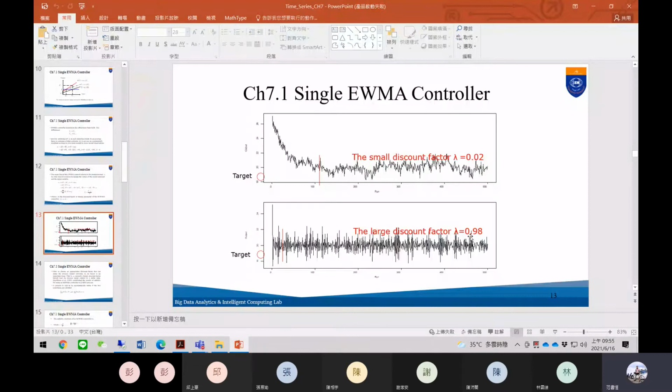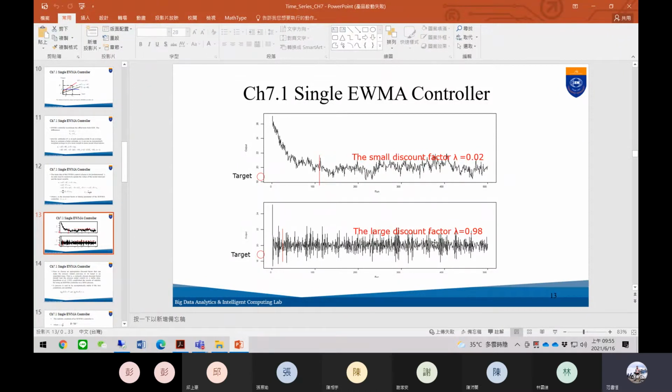Like when we use a larger lambda 0.98, you can see that it cuts the transient period to a minimum. So it reduces from the initial directly to the level we like to achieve. However, you can see that the up and down provide larger variation compared to the smaller discount factor.